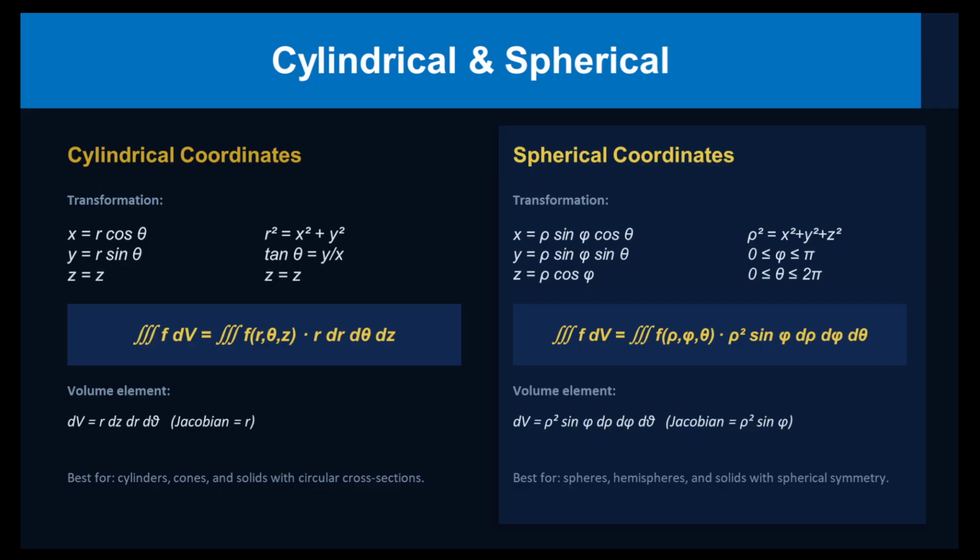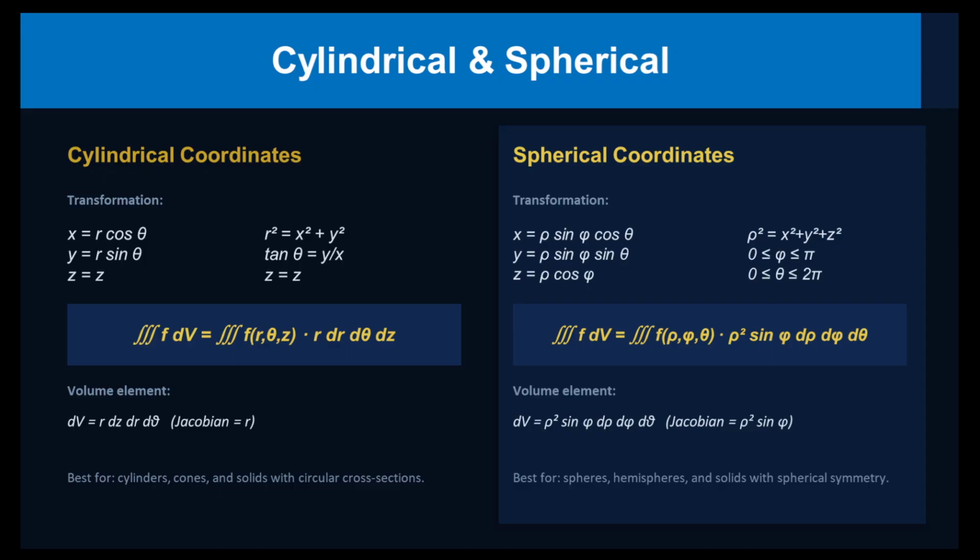Sometimes solving a problem in Cartesian coordinates becomes difficult. So we change the coordinates according to the shape. First is cylindrical coordinates. The transformations are x equals r cos theta and y equals r sin theta, and z remains z.